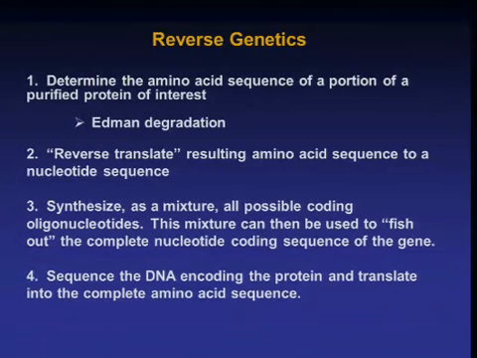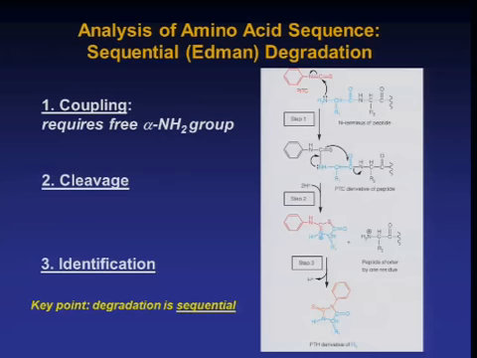We synthesize small pieces of DNA, oligonucleotides, to be used in a couple of different ways to go and fish the gene out. And then once you have that gene, you can sequence the entirety of it, look at it, and say, yes, this in fact coincides to the protein that I've purified. And there are a couple of ways that you can validate that.